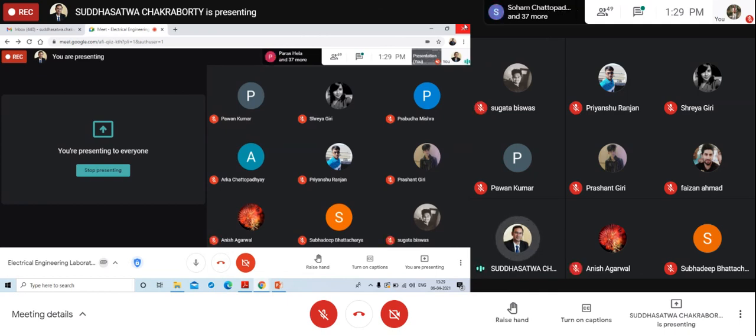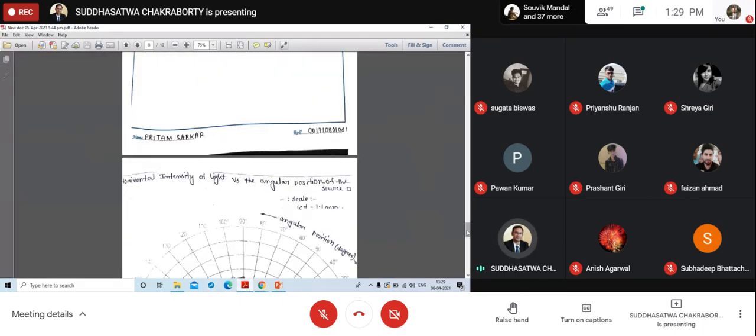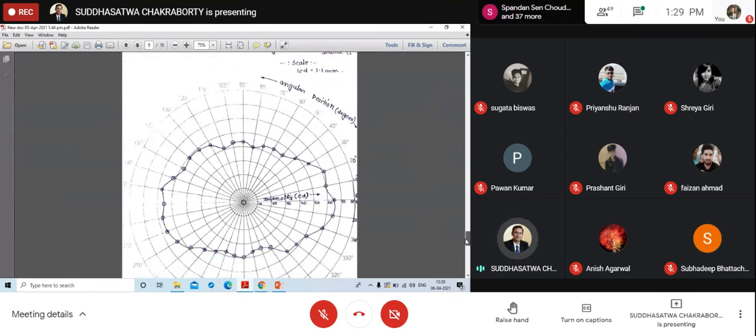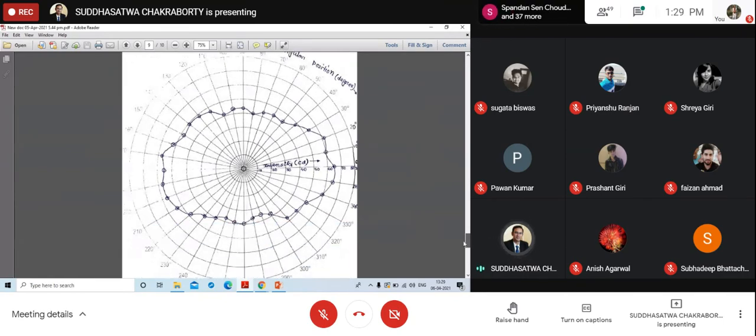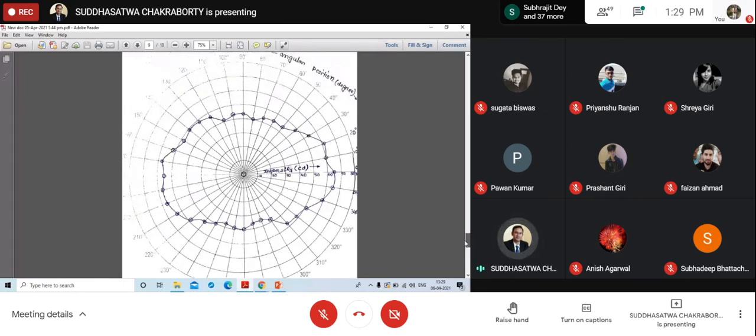Unfortunately, we can't do the experiment. One more thing I can add: what Pritam has already plotted, that plot, try to do manually. Don't copy from him, because we are taking the measuring data from him actually. Using the data, try to plot your polar graph manually, as well as using a MATLAB code to plot the polar diagram.